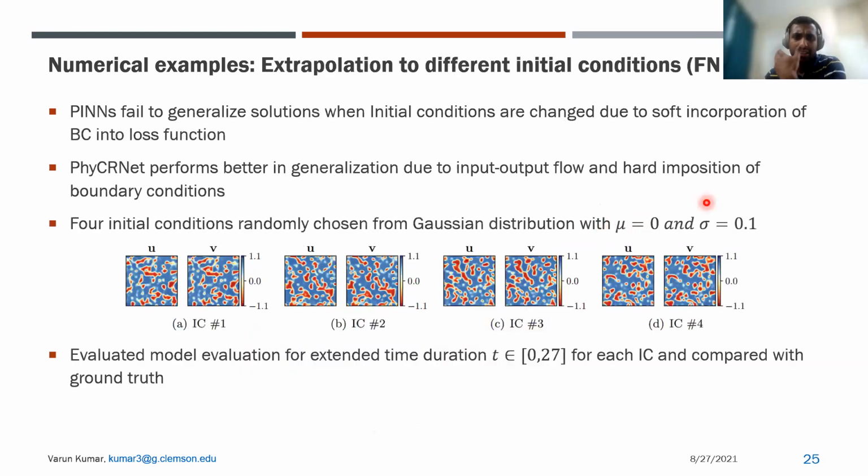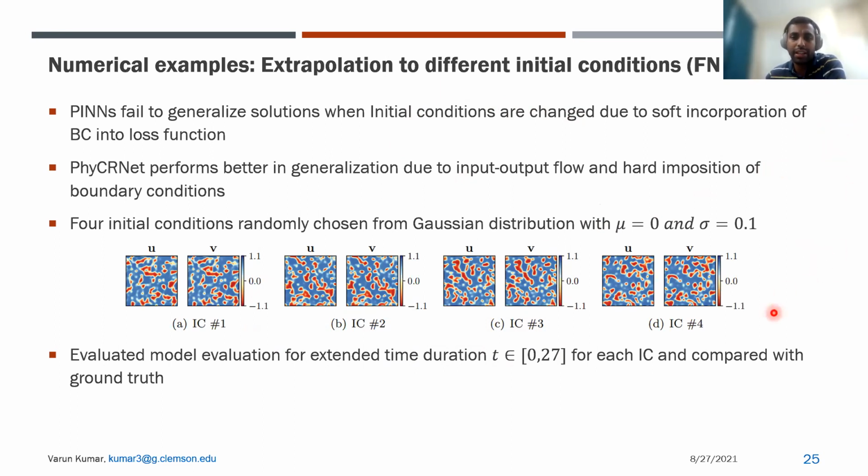Moving on, they wanted to extrapolate and see if PhyCRNet works when you have different initial conditions, because one of the claims they have made in this work is generalization. This architecture is generalizable, and it can extend to different initial conditions as well.